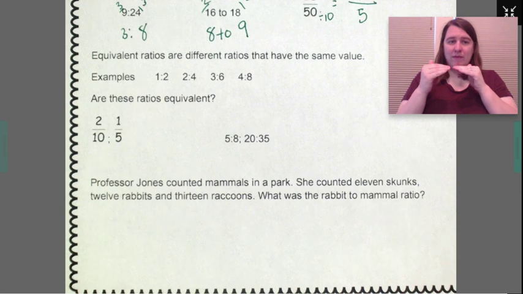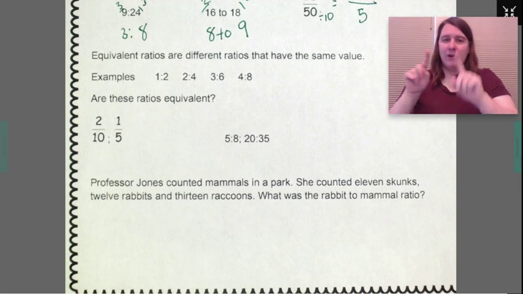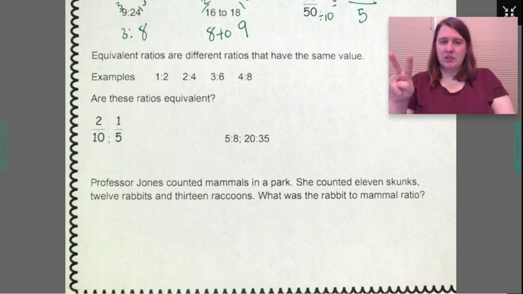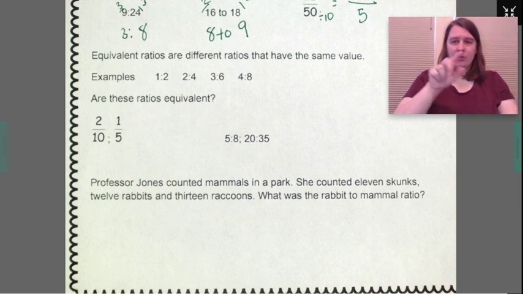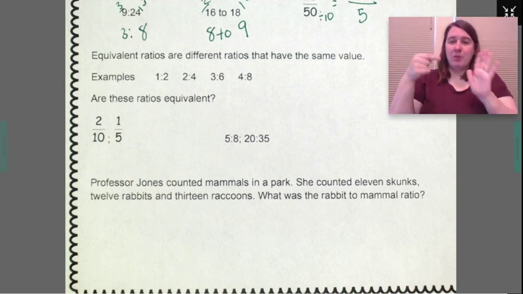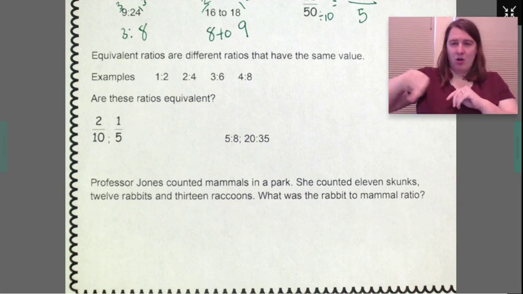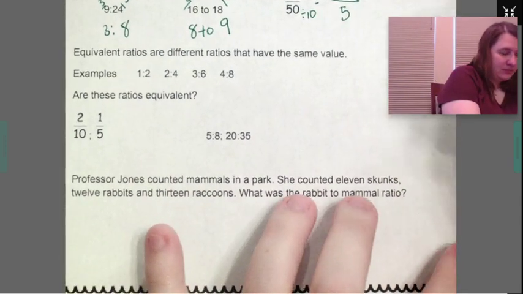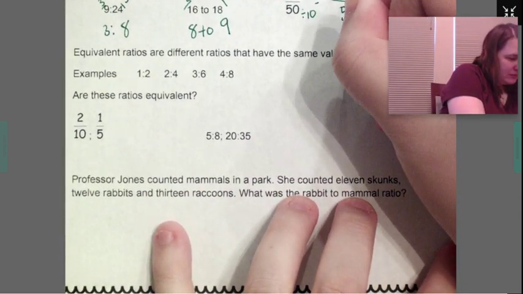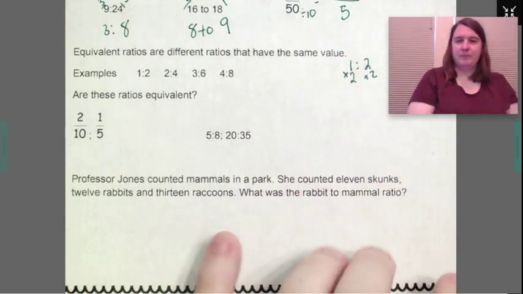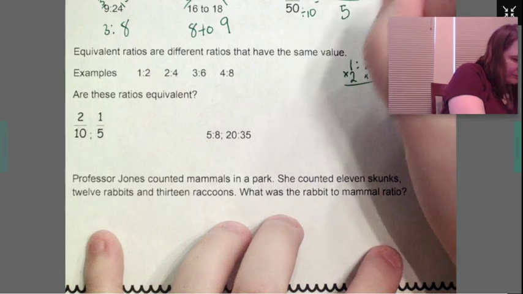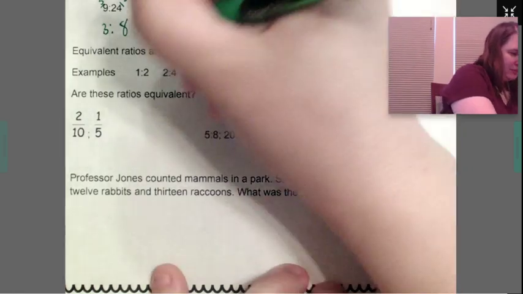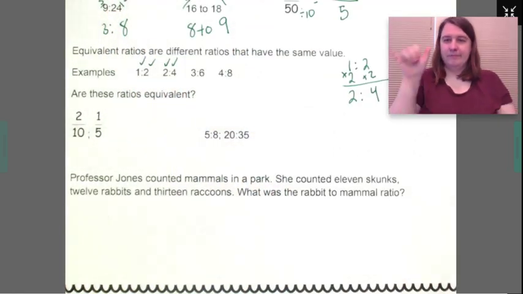Now, equivalent ratios are different ratios that have the same value. Examples: 1 to 2, 2 to 4, 3 to 6, 4 to 8. I'm going to prove to you why these are all the same. One times 2, 2 times 2. Same.